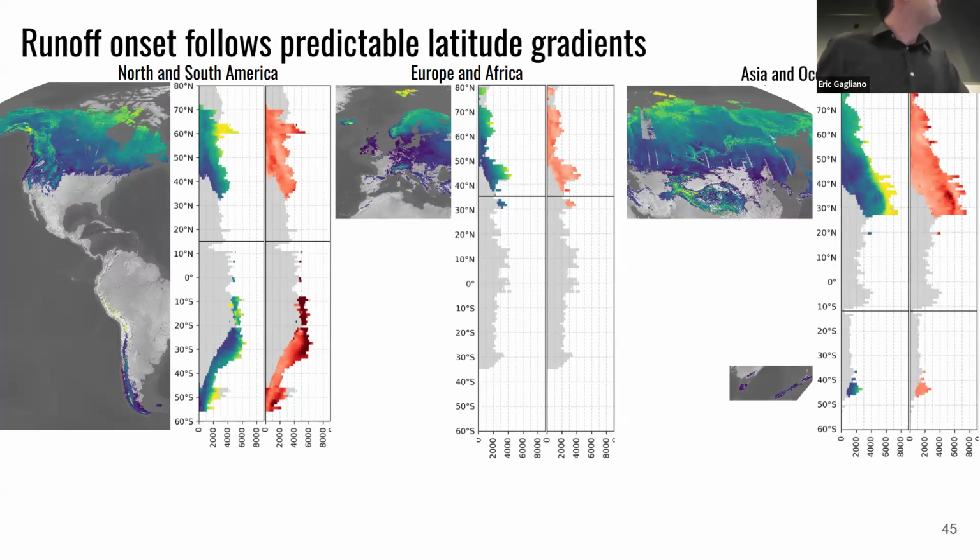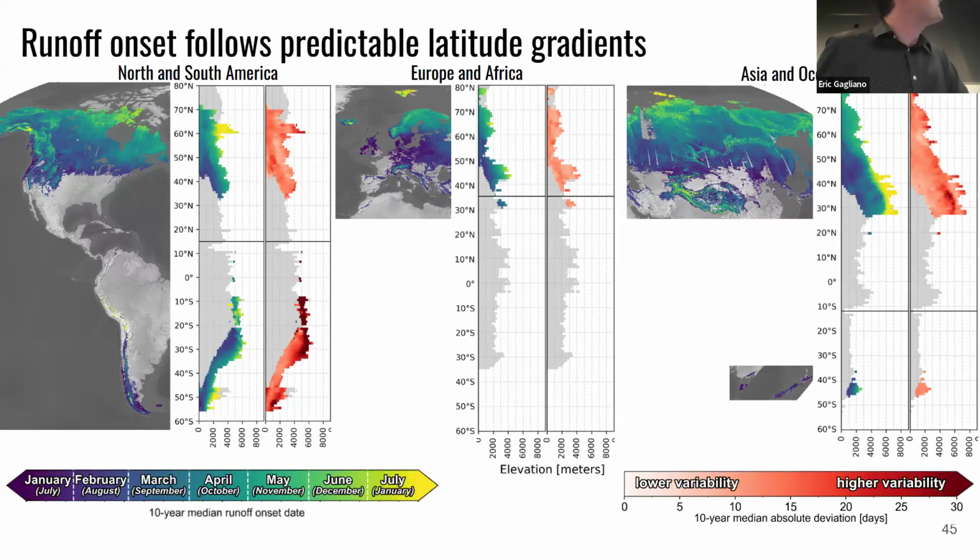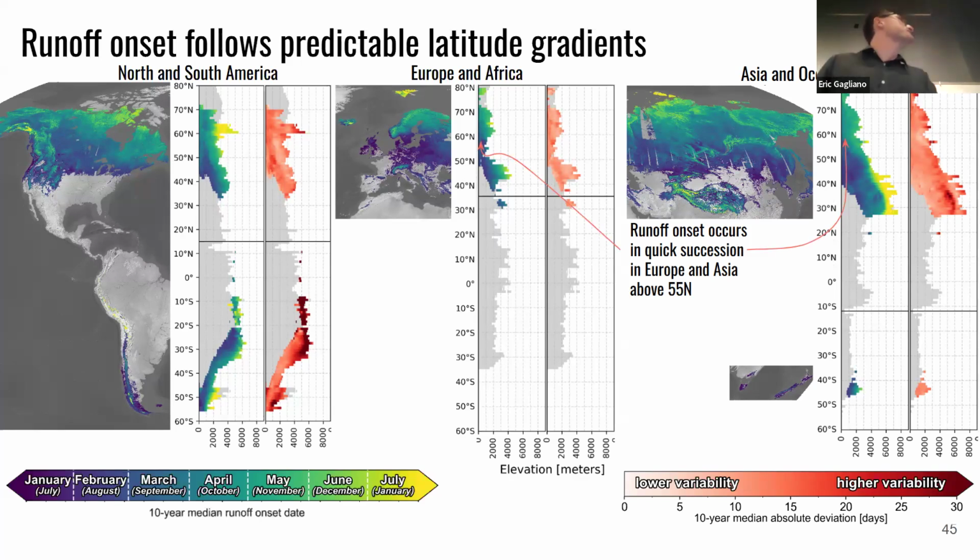There are some other interesting things here and there that have to do with some regions, for example, the Andes, where snowmelt runoff onset timing is very, very different depending on the year that you look at it. There's this huge interannual variability in melt.